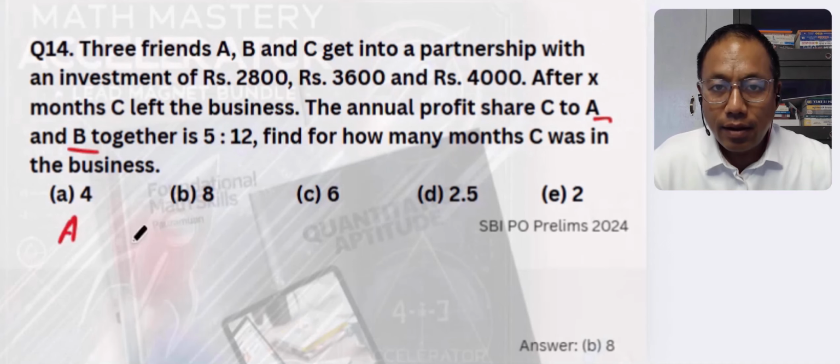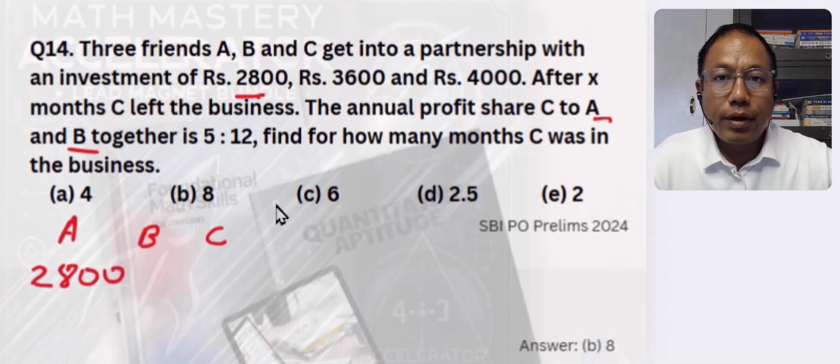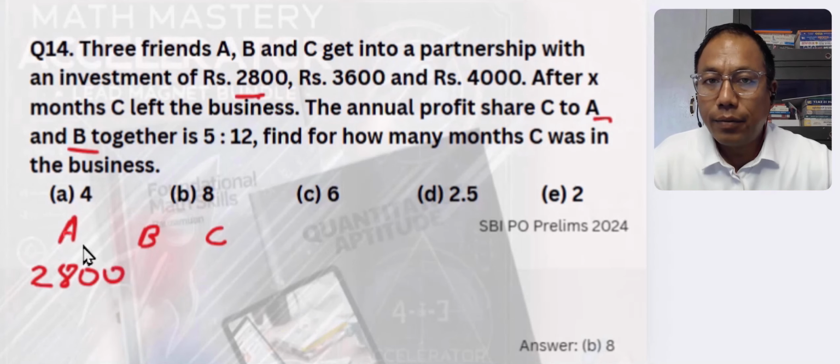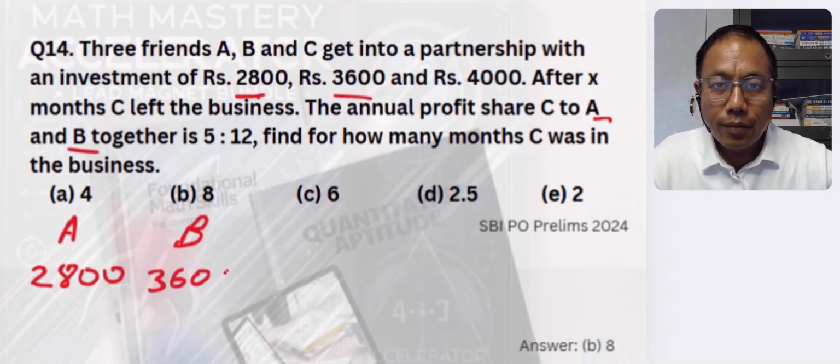A, B, C. A capital is 2,800. B capital is 3,600. C capital is 4,000.